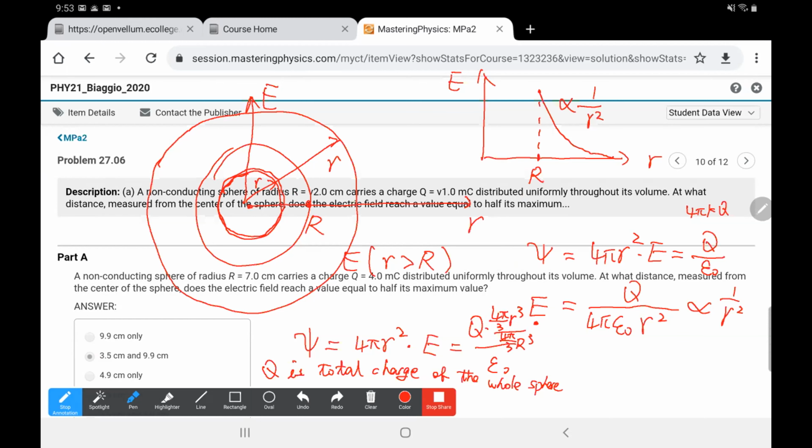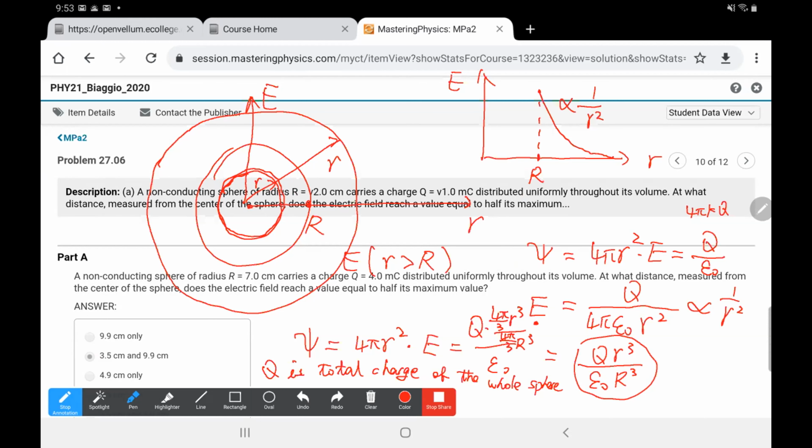So the volume has a ratio, so the charge has the same ratio, right? So we can organize the equation. We have Q small r cubed over epsilon naught capital R cubed. Okay, this is the tricky thing, I think, when we do the electric field inside the sphere.